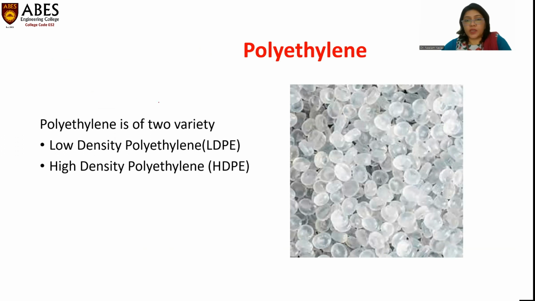What is polyethylene? In the market, it is visible in this form. Polyethylene is of two varieties: one is low density polyethylene and the other is high density polyethylene. Basically, the preparation process of these two varies.